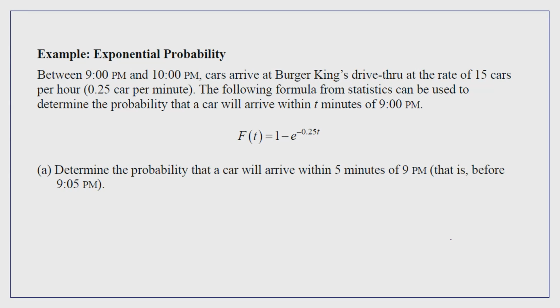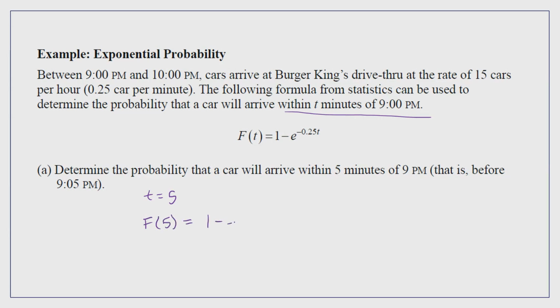First, we are asked to determine the probability that a car will arrive within 5 minutes of 9 p.m. That is, before 9:05 p.m. So to do that, we are going to let t equal 5, because t represents the minutes within or after 9 p.m. So we are going to substitute 5 into our formula.